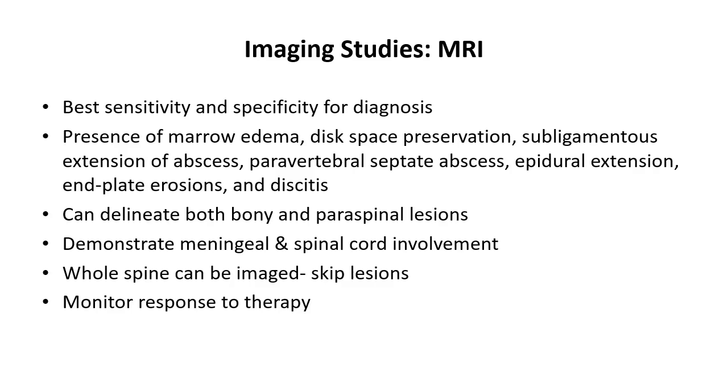MRI can delineate both bony and paraspinal lesions and identify features of spinal cord meningeal involvement, which include continuous meningeal thickening, secondary arachnoid cyst, and rough and moniliform cerebrospinal fluid spinal cord interface. Other advantages of MRI are that the whole spine can be screened to identify skip lesions and that therapeutic response can be monitored.